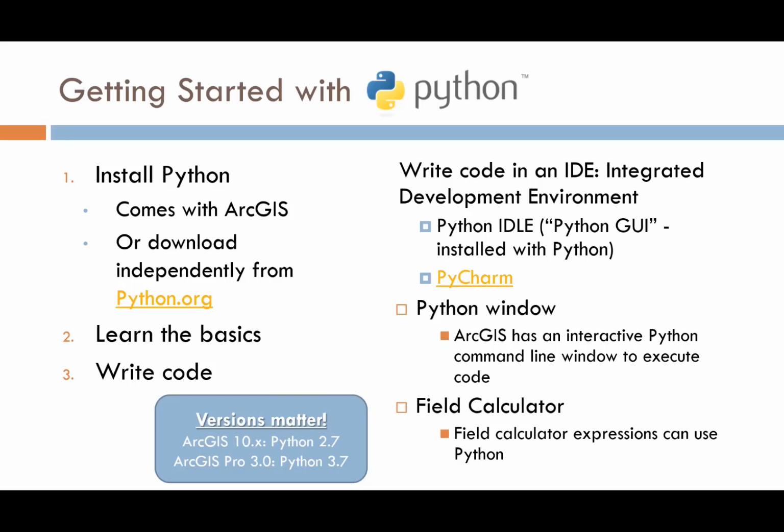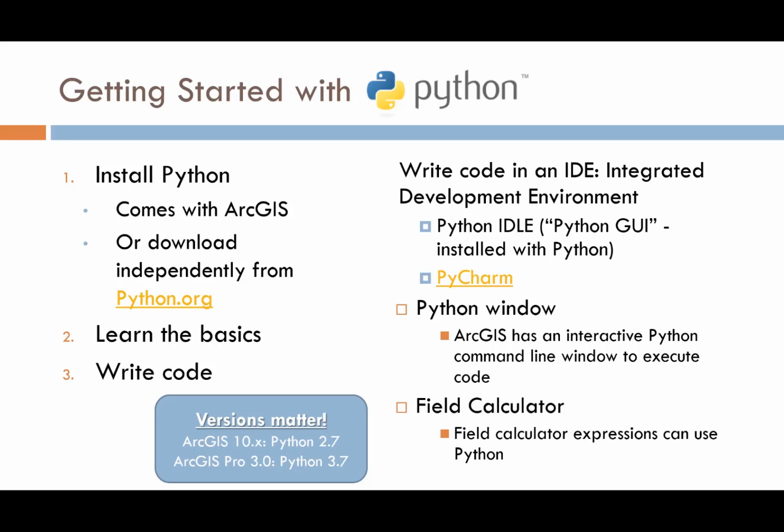But the version of ArcGIS will kind of dictate what version of Python you're using. So the old ArcMap, for anyone who used that one, is using Python version 2.7. And the newer version of ArcGIS Pro here is using, I think, 3.7.